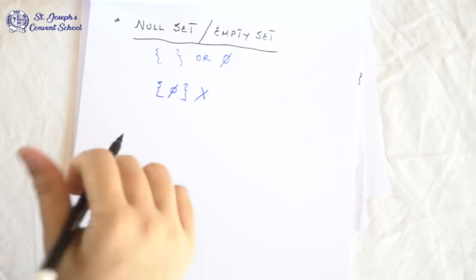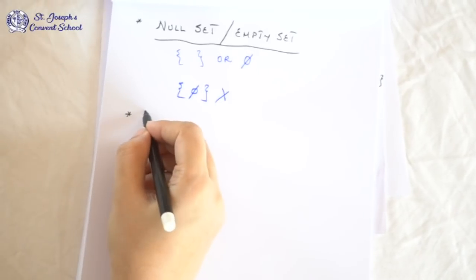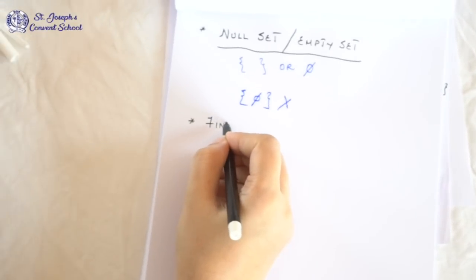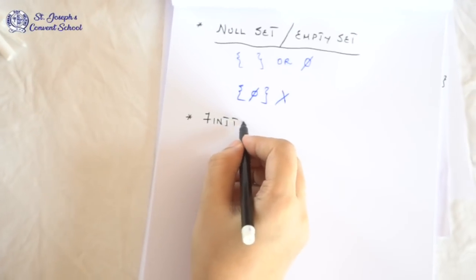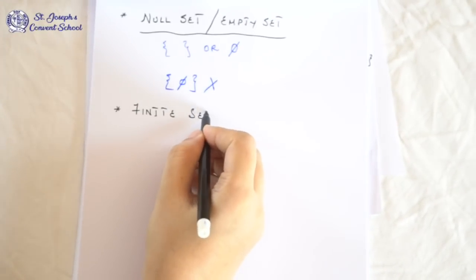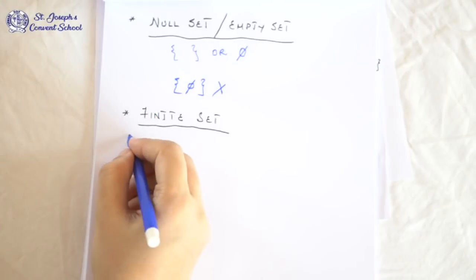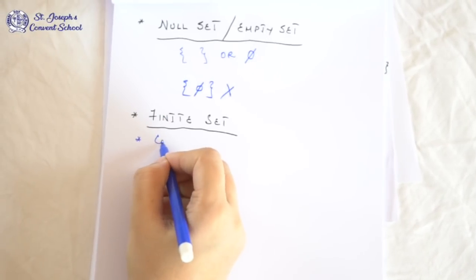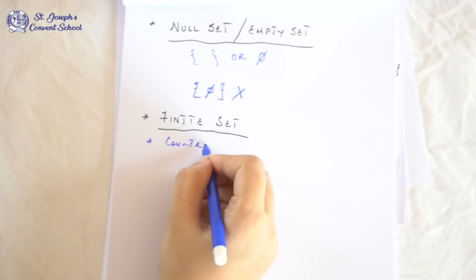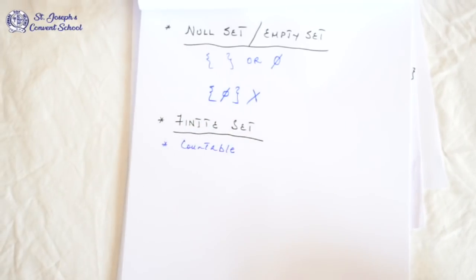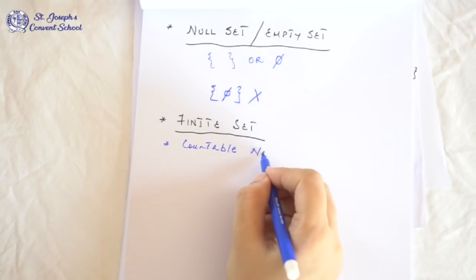Then there is the finite set, finite, both are correct actually. So what is a finite set? You can say that the numbers are limited. Okay, countable numbers. You can count these numbers. When you can count the numbers, it means that it is a finite set.